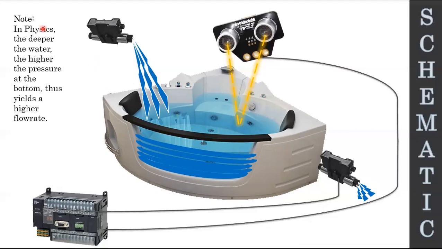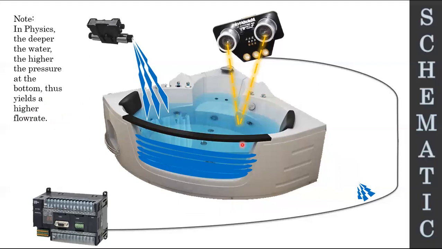So, additional information, no? Please note that in physics, the deeper the water, the higher the pressure at the bottom. Thus, it yields higher flow rate. Meaning to say, kahit na wala pa tayo ditong valve, okay, di ba kanina ang valve nag-open, nag-close para ang flow rate na lumalabas na yung tubig na lumalabas ay nakokontrol natin.